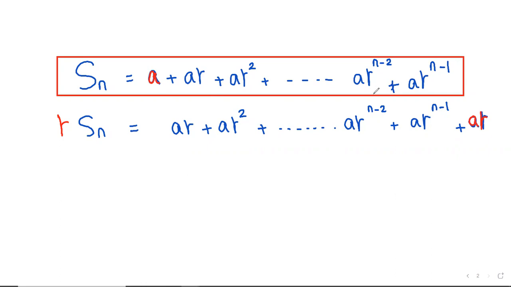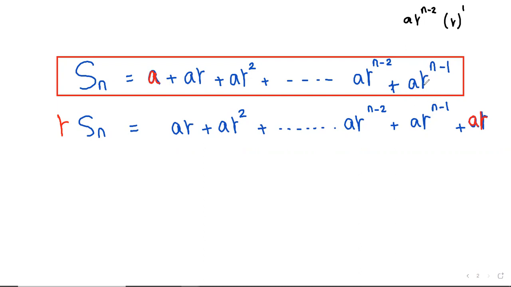When we get to the last two terms, ar to the power of n minus 2 multiplied by r, it's r to the power of 1, and when multiplying like bases, we add powers, so it will be ar to the power of n minus 1.